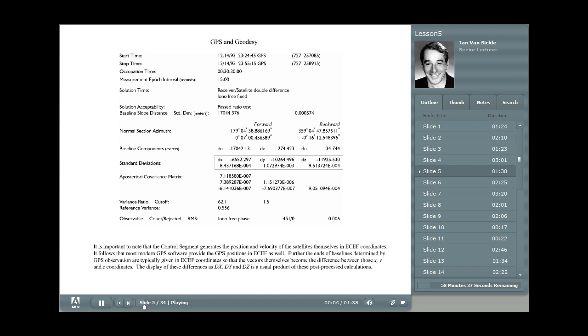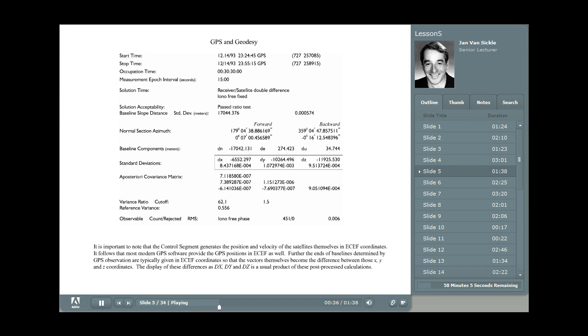In this slide, you see a page of printout from a processing that was done some time ago in 1993. But the point of the sheet is simply the dx, dy, and dz numbers. These numbers are the difference in x, the difference in y, and the difference in z in this three-dimensional Cartesian system.